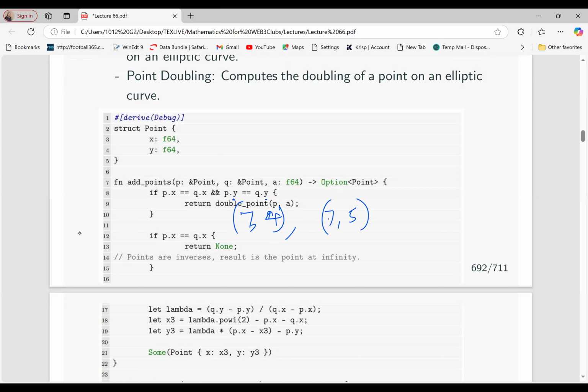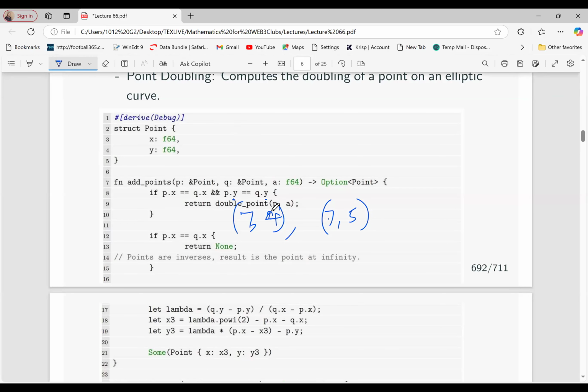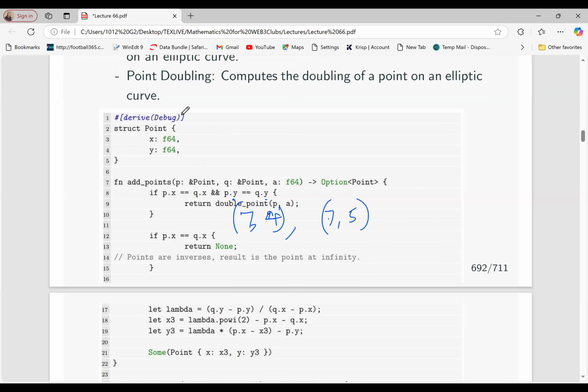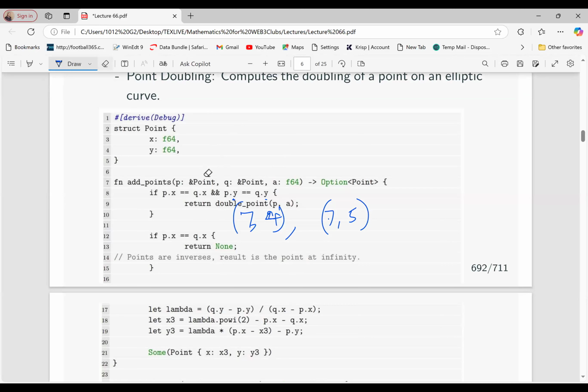So in this case, it will give us a result. But when the y values are the same, then another formula has to come in, the one we already talked about, because that is not always when the y values are the same.